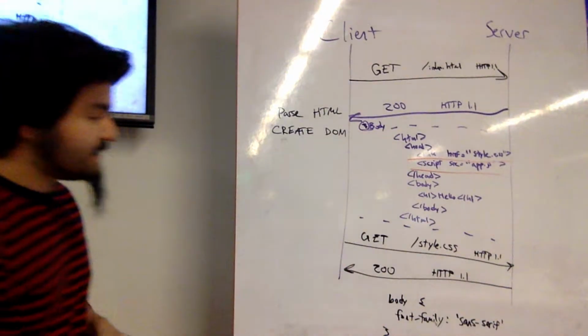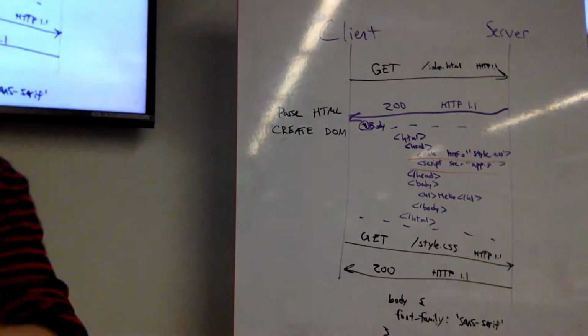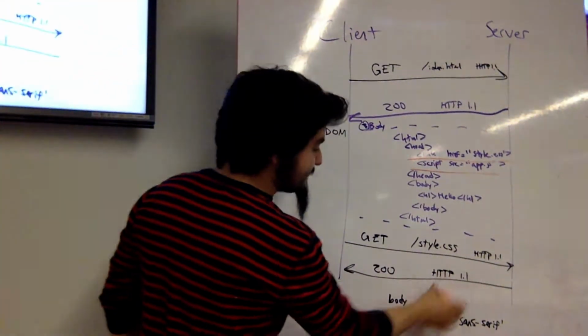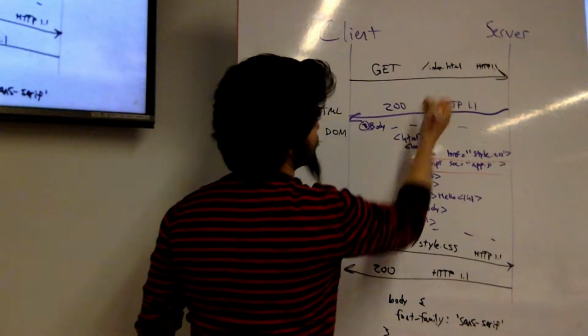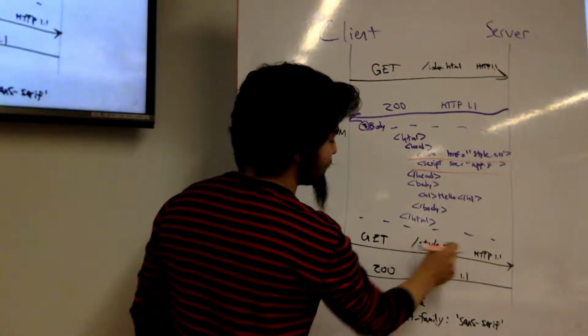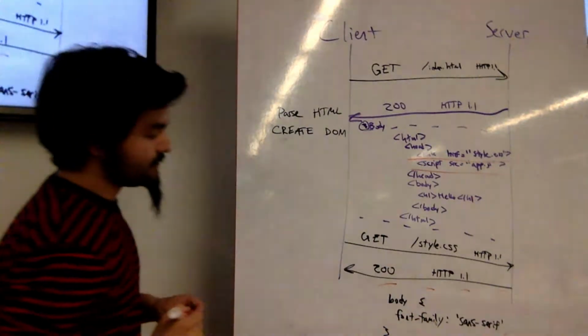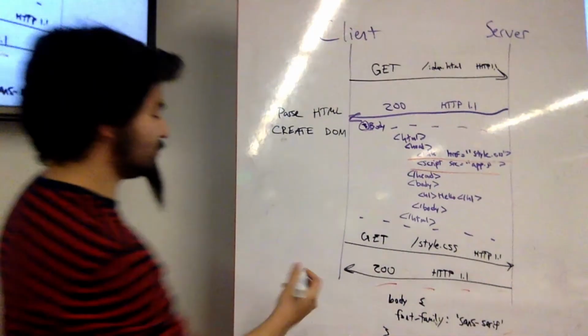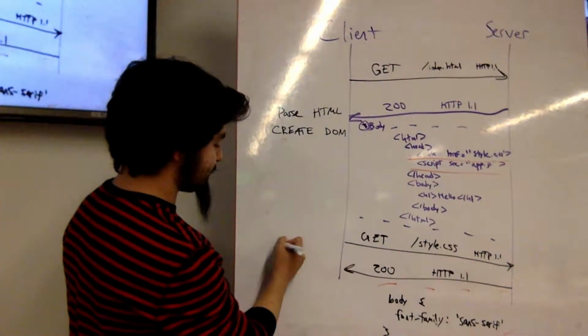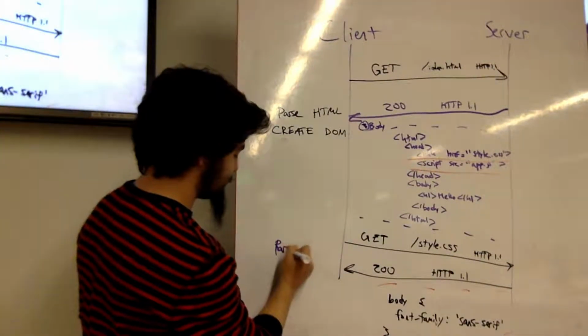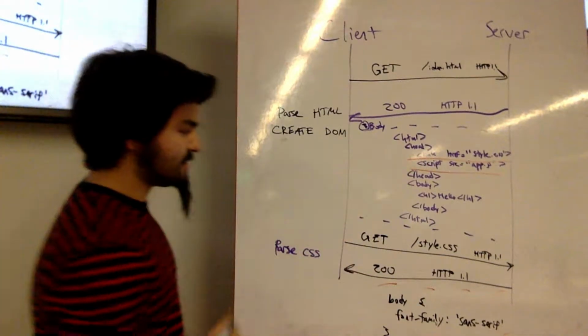And the idea is this response, this is the thing that we're requesting, right? So in this case, we're requesting the whole document. In this case, we're requesting that one specific file. So we're just getting the contents of that file. So then the browser will take the CSS, parse the CSS, add the styles to the document.